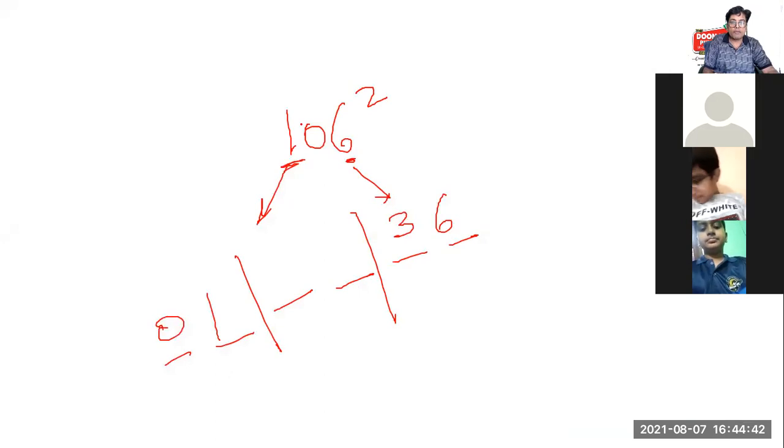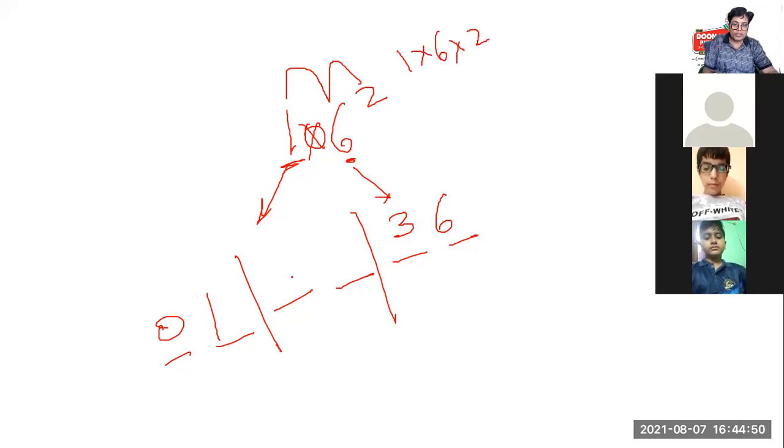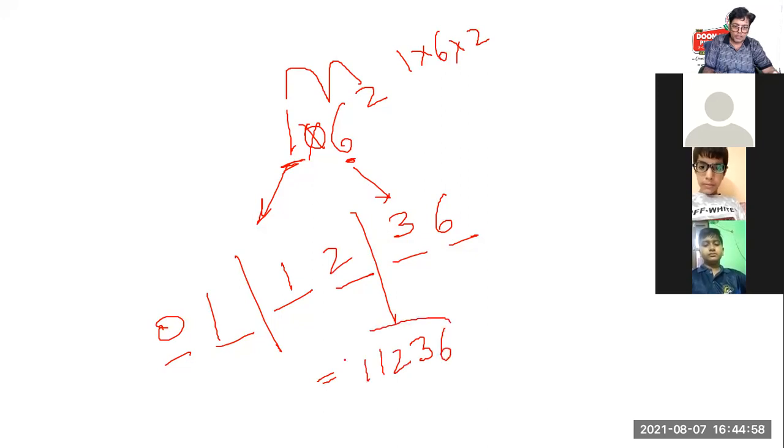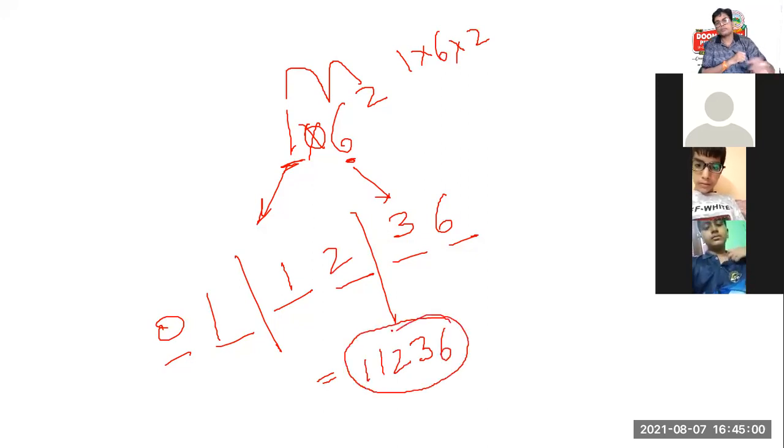Now, I will leave 0. 1 into 6 into 2. That is 12. So the answer is 1, 1, 2, 3, 6. That is my answer. Note it down.